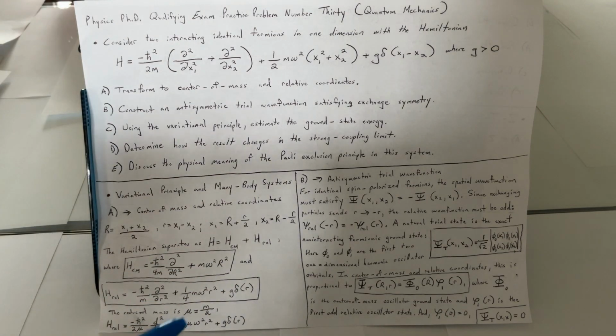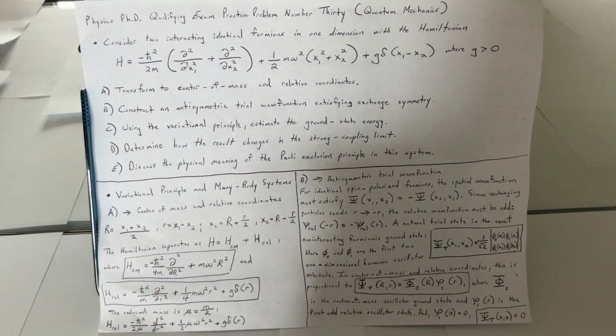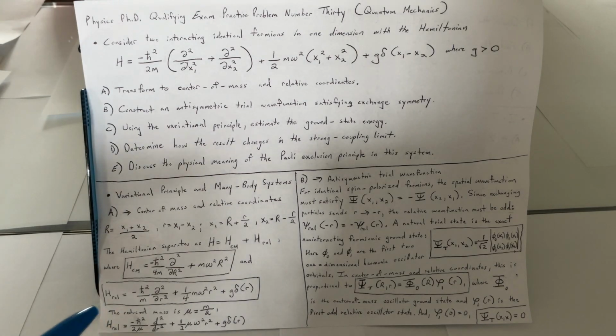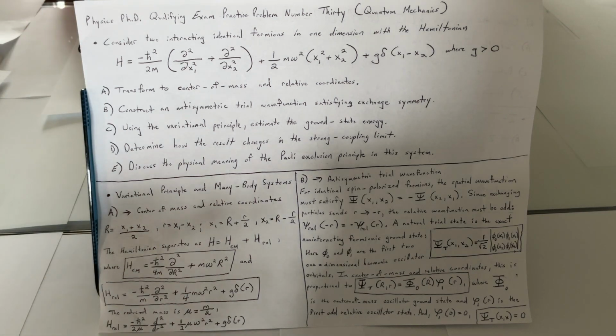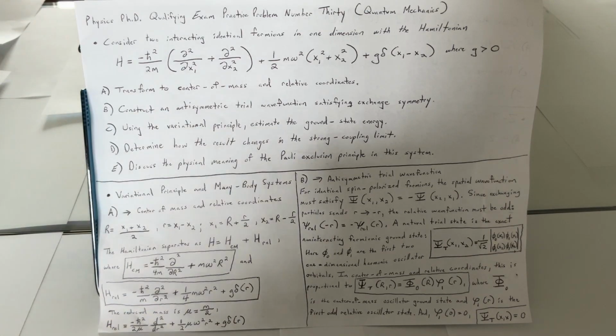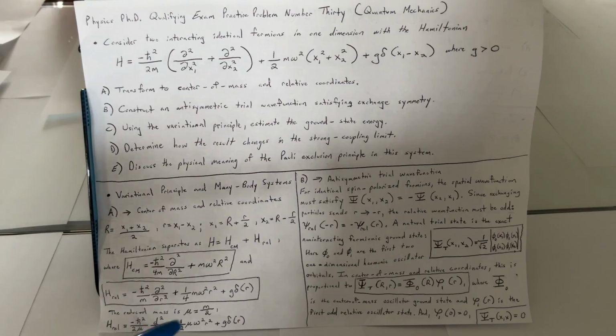So the reduced mass is mu equals m over 2, and H sub rel equals negative h bar squared over 2 mu times the second derivative with respect to r, plus 1/2 mu omega squared r squared plus g delta of r.